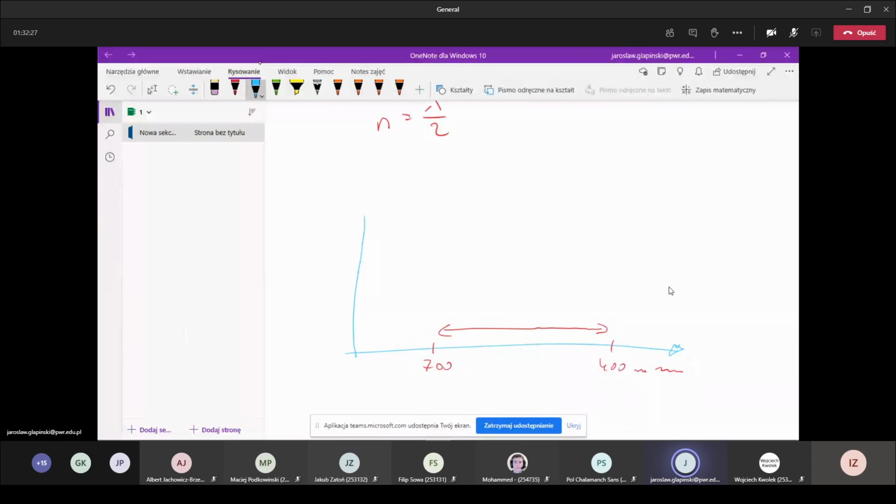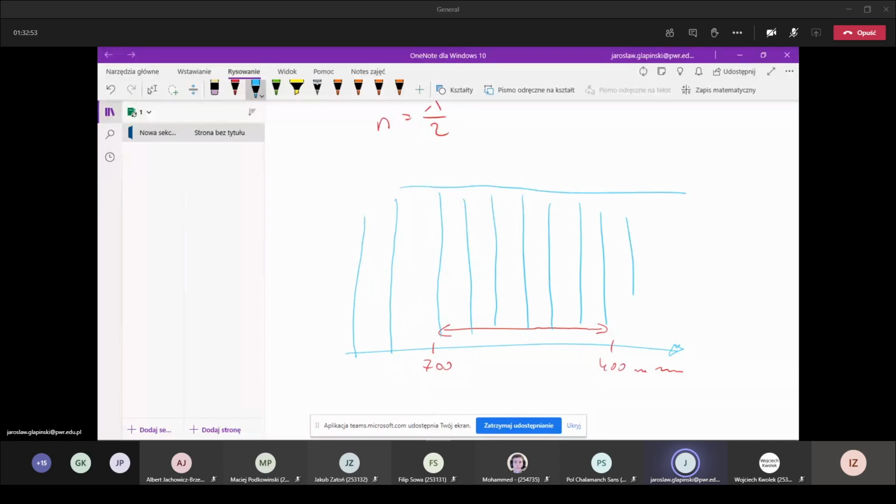So the light generally gives us all of these frequencies. It's combined of infrared, red, and so on. Not all frequencies, but a lot of them.